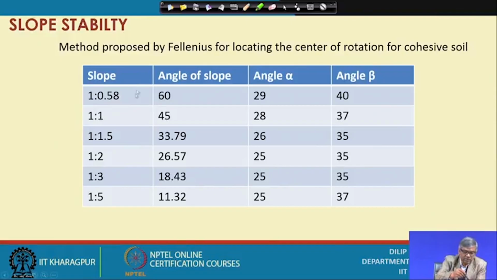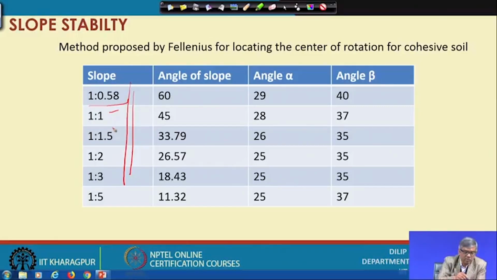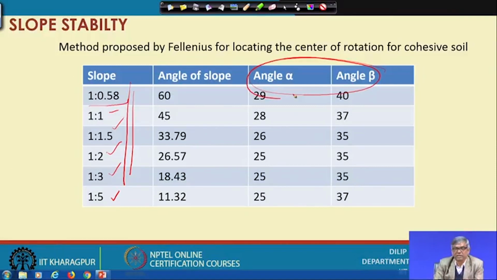If there are different types of slope, suppose 1 to 0.5, 1 to 1, 1 to 1.5, 1 to 2, 1 to 3, 1 to 5, and the angle of slope is 60, then the angles alpha and beta are given. That means these two are provided by Fellenius, and you have to do some construction.